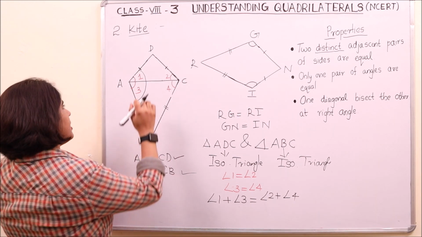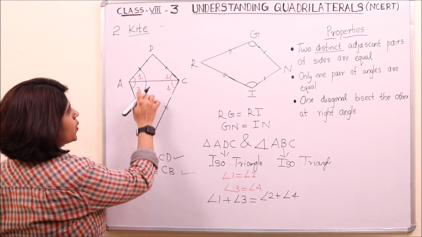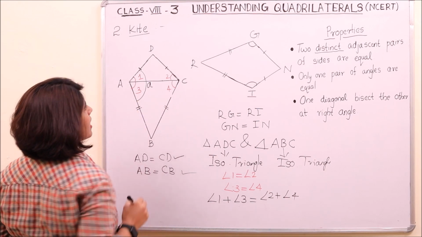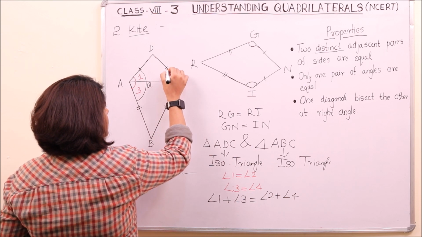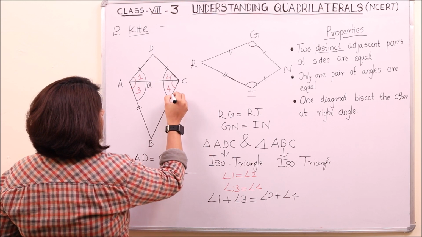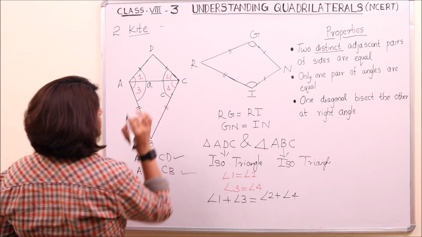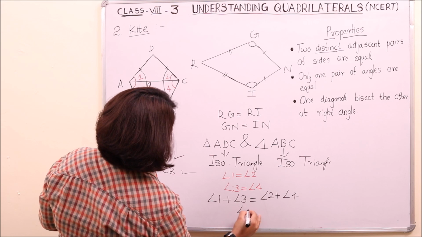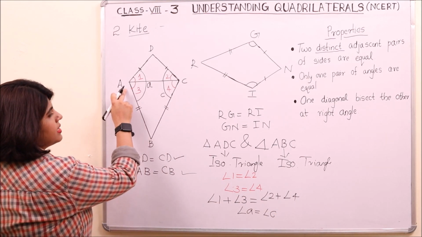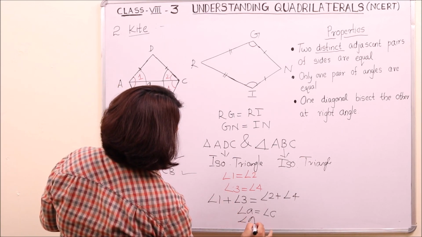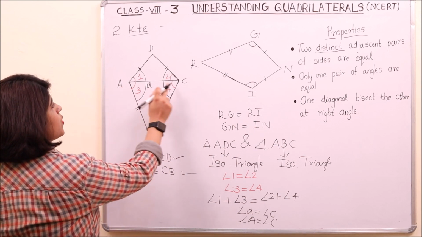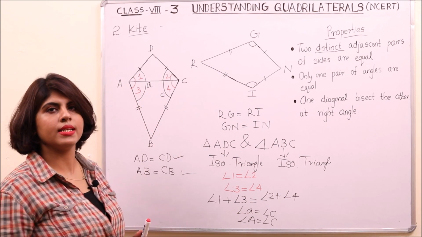If we are combinedly considering these two angles, angle 1 plus angle 3, as small letter angle A, and these two angles, angle 2 and angle 4, as small letter angle C, then we can say angle A equal to angle C. Clear? So these two angles should always be equal in a kite.